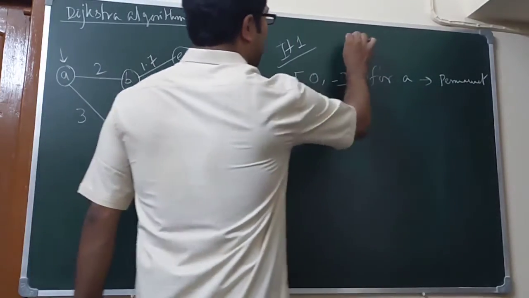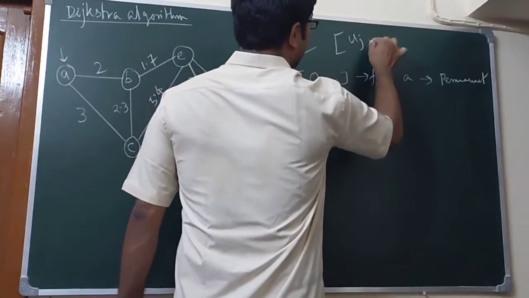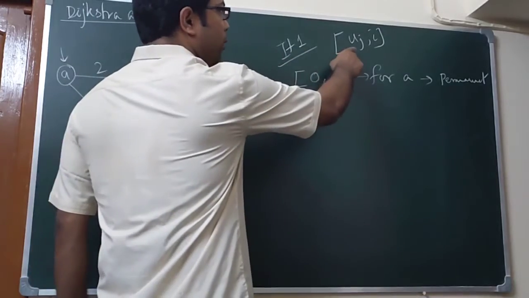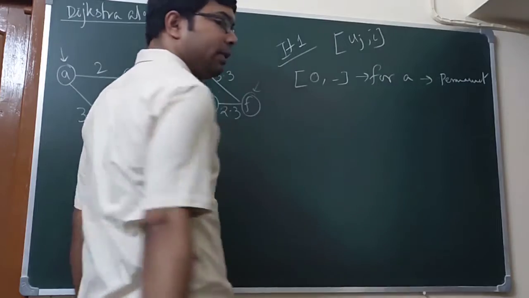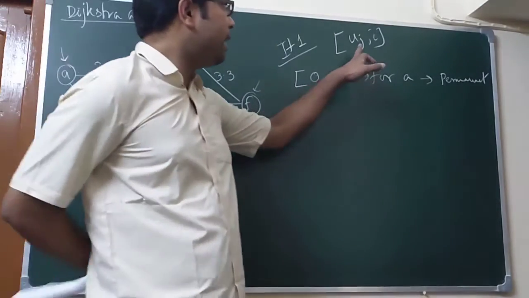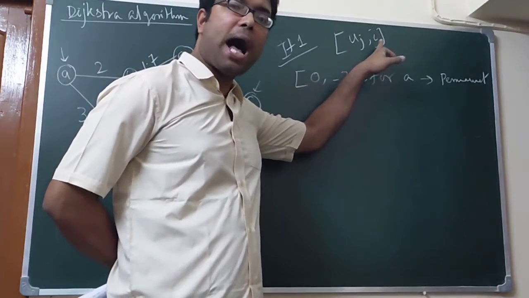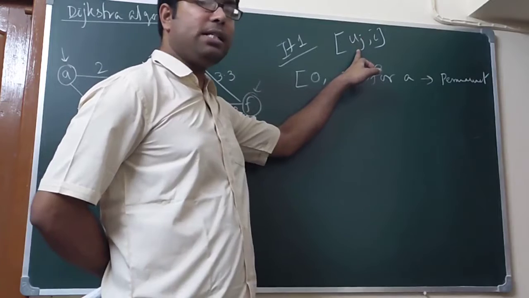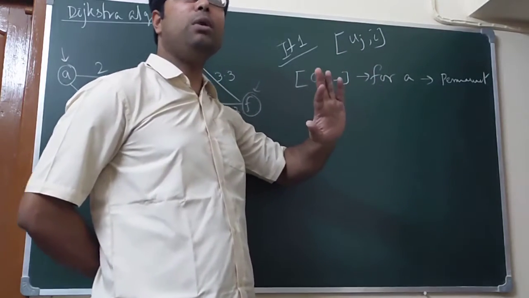So the label of the jth node can be written as uj, i. That is, the jth node can be accessed from the ith node, and the distance from the source to j is uj.